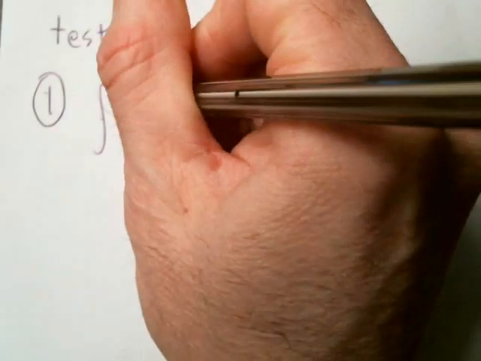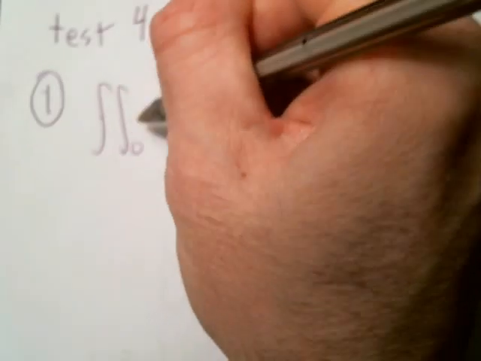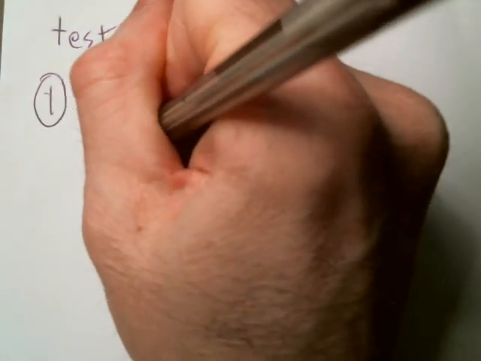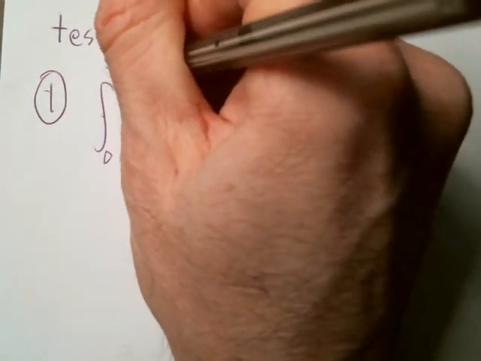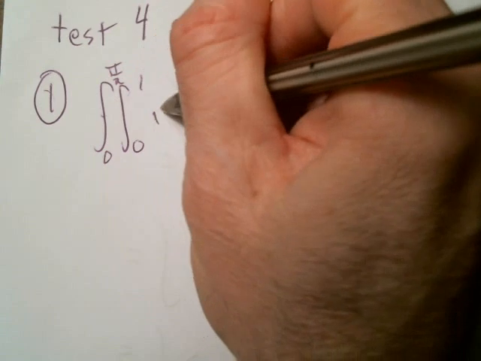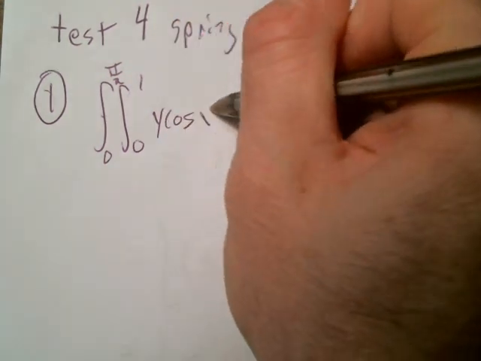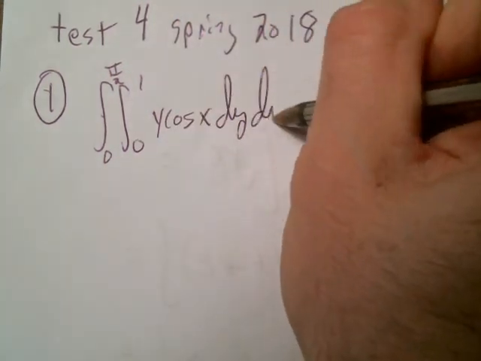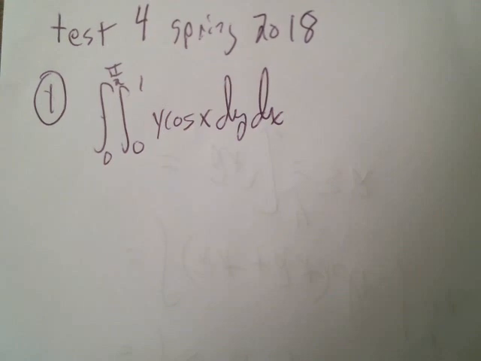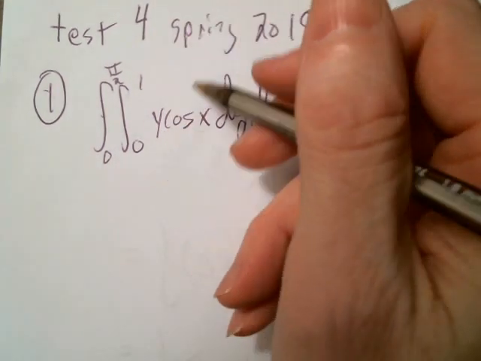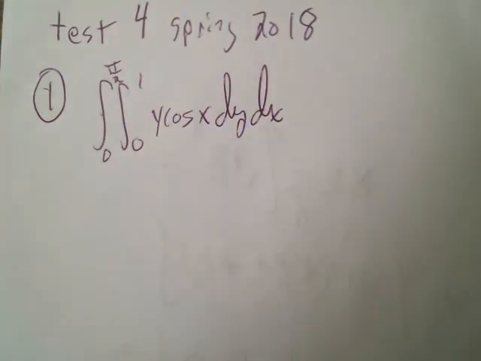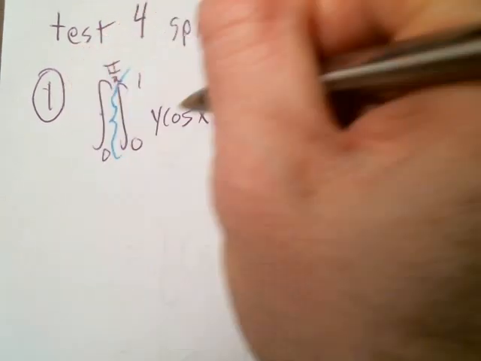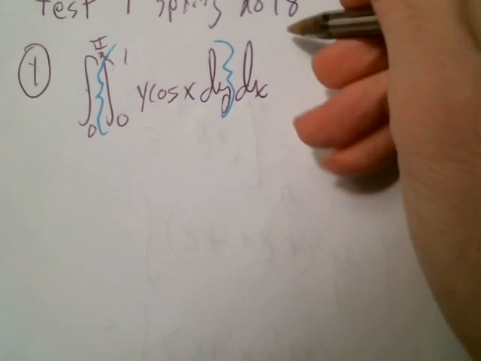Okay. So the first problem, we want to evaluate the integral from 0 to 1 and then 0 to pi over 2. And the integral is y cosine x dy dx. So in particular then, how did we learn to do this? You do the inside integral first, and then you move outwards, right?